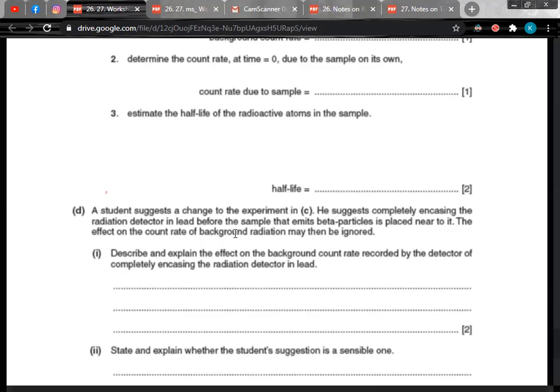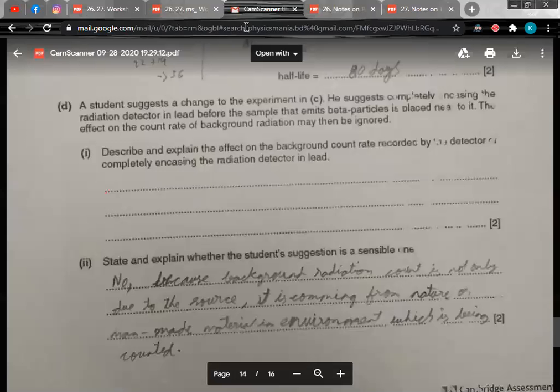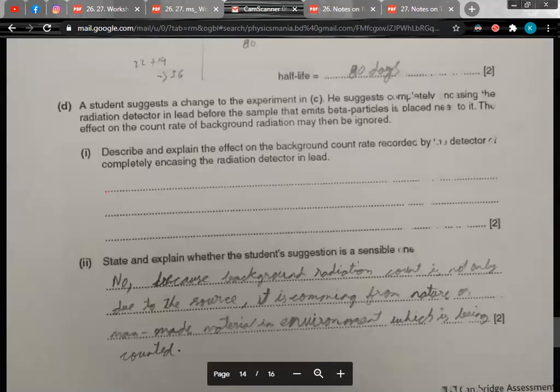I didn't understand, so I didn't write it. Very good. So it's encased in a lead box, right? Yes, sir. It was suggested by one student, right? Yes, sir. I don't know why. Because the radiation detector is in lead. So if it is in lead, then beta particles will be stopped, right?